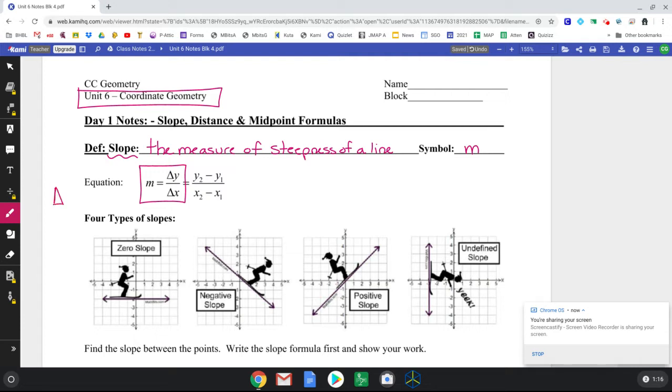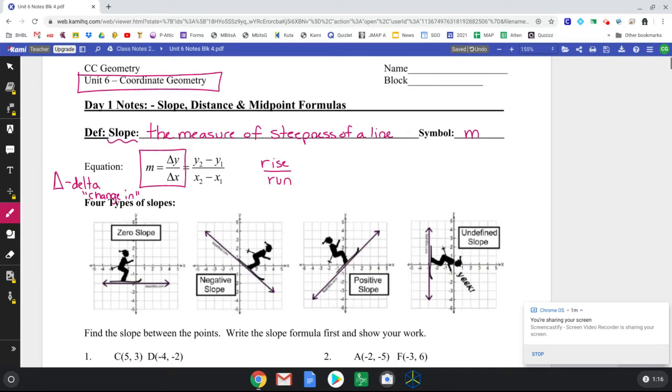This little triangle here means delta. It is a Greek letter D, which means the change in. So we can still use our y2 minus y1 over x2 minus x1. And remember that we like to use a little phrase, rise over run, to describe our slope.